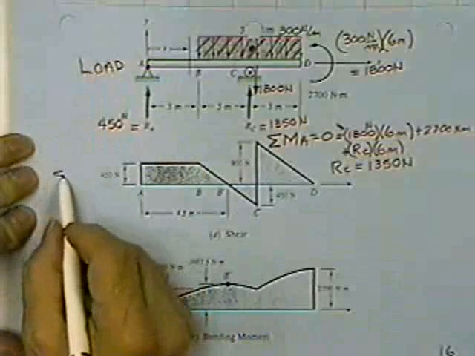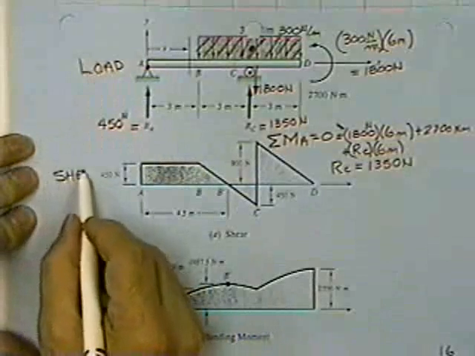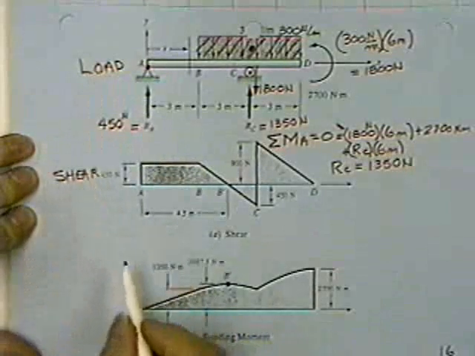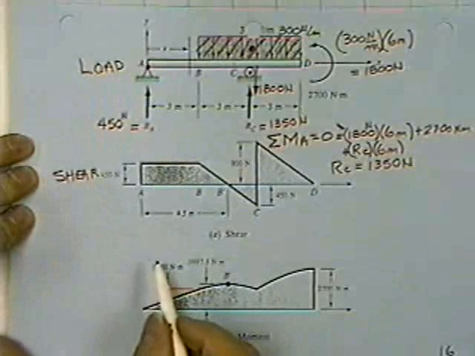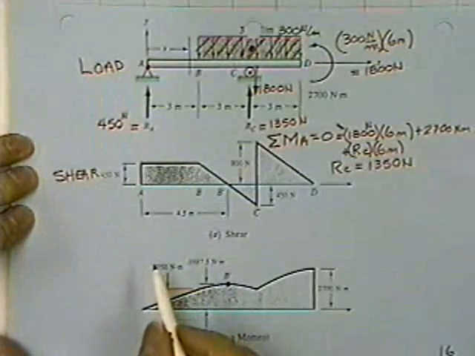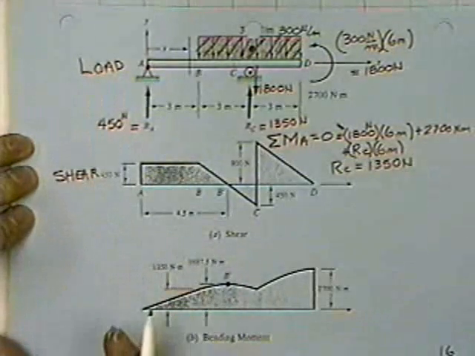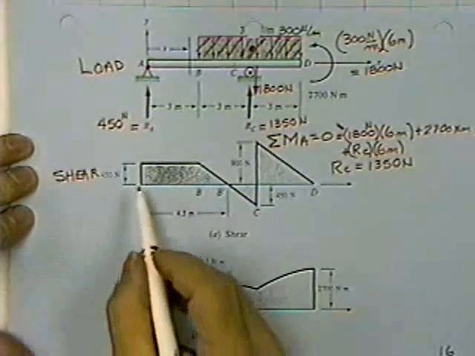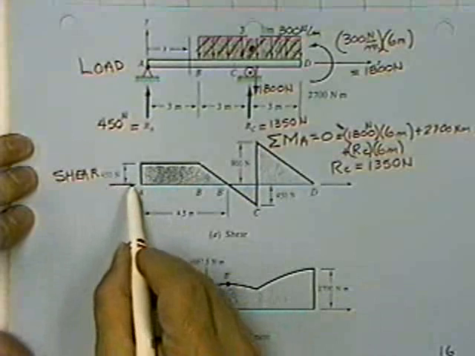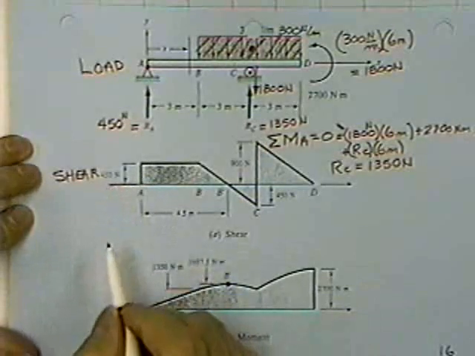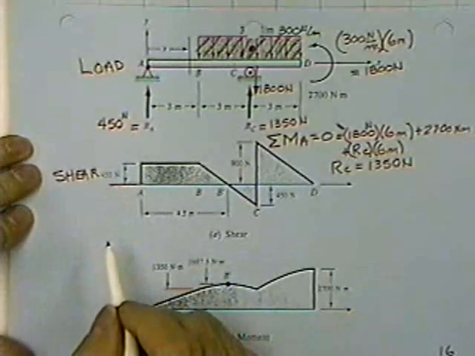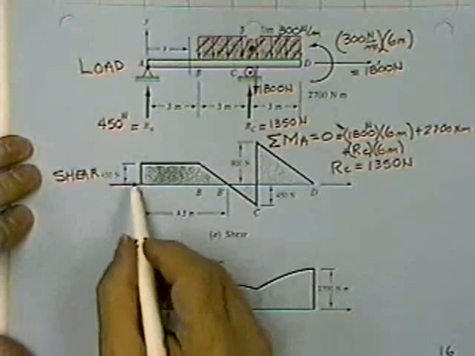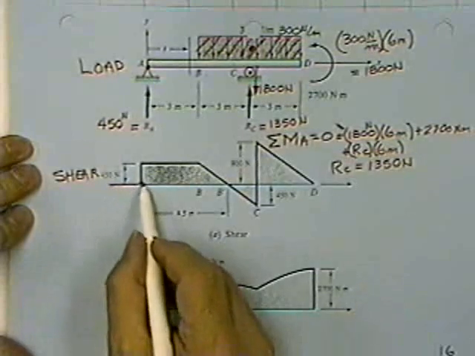The next diagram in the series is the shear diagram, and it is a summary of how badly the forces are acting across the axis of the beam. It's a very simple procedure to do these things. You just kind of follow the bouncing ball. You start on the left end of the beam at 0.